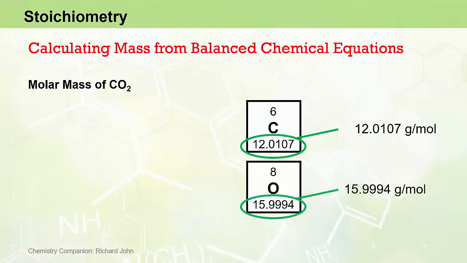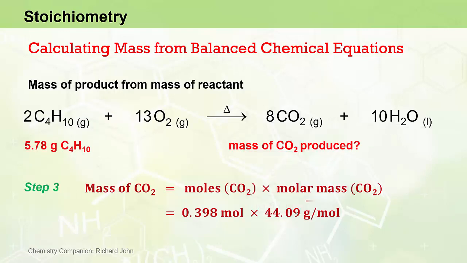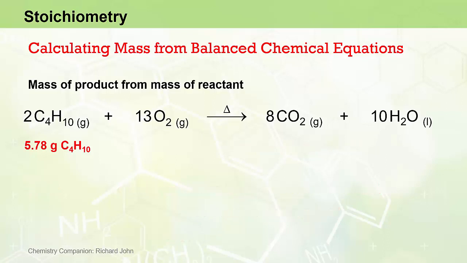And so the molar mass of carbon dioxide will be 1 times the molar mass of carbon plus 2 times the molar mass of oxygen, which gives us 44.09 grams per mole. We substitute that value into this equation, giving 0.398 moles times 44.09 grams per mole, and we get 17.5 grams of carbon dioxide produced.